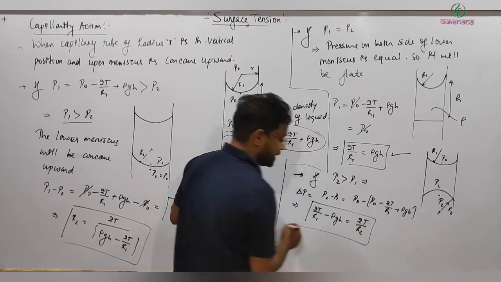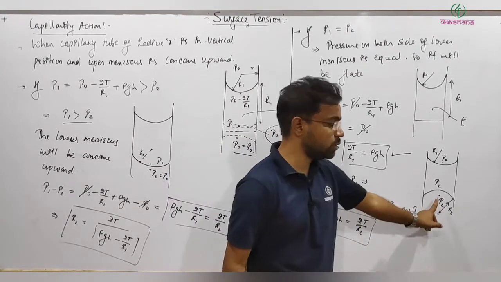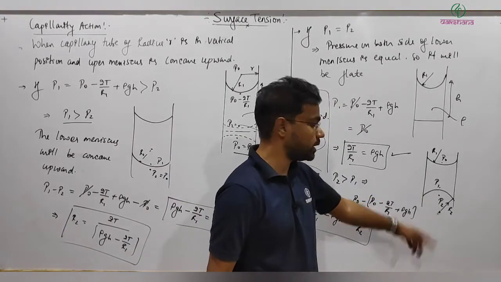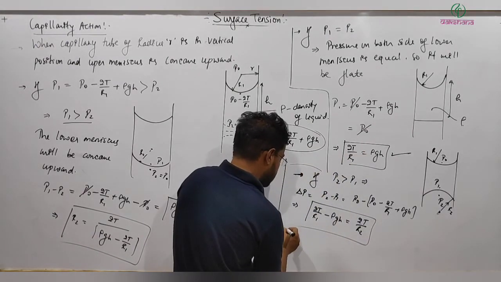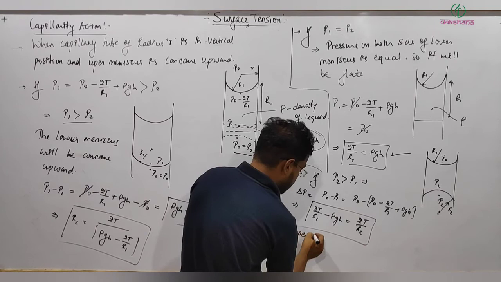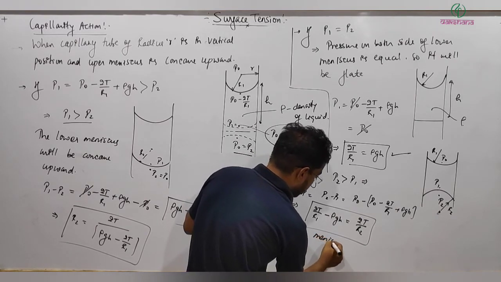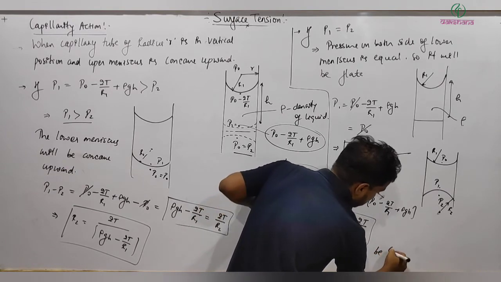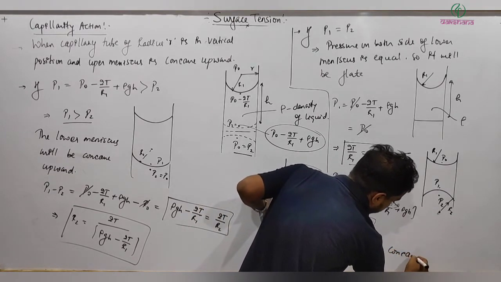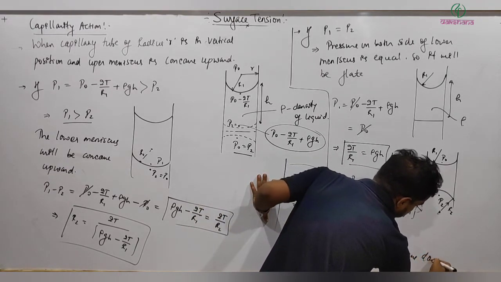So we get the radius of curvature of the lower meniscus, and it will be concave downward.